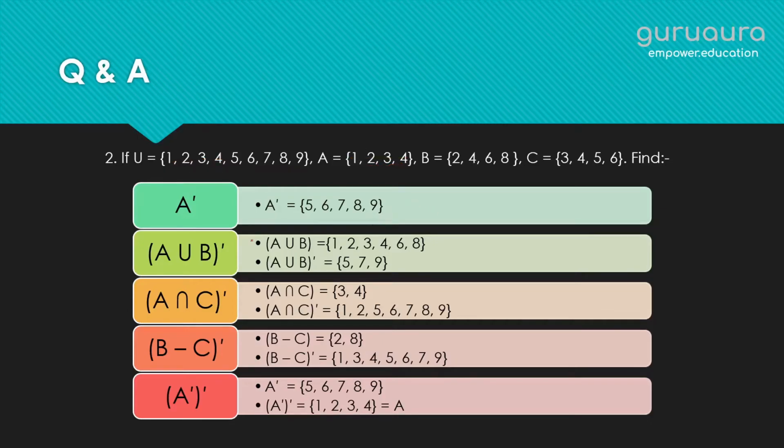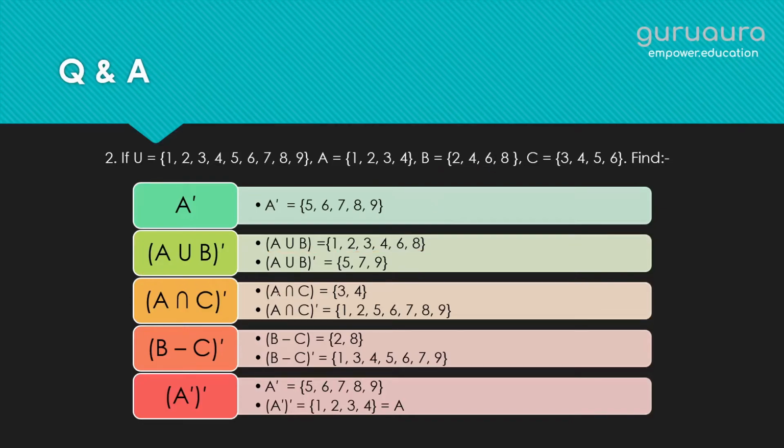Now let's see A union B whole complement. Here, firstly we will perform the union operation between the sets A and B. So, what will be A union B? A union B will contain all the elements from set A and set B, that is 1, 2, 3, 4, 6 and 8.